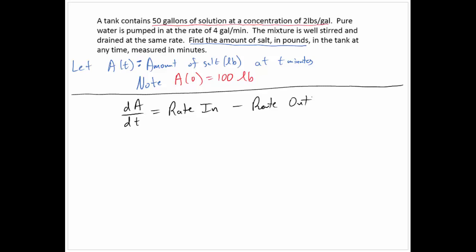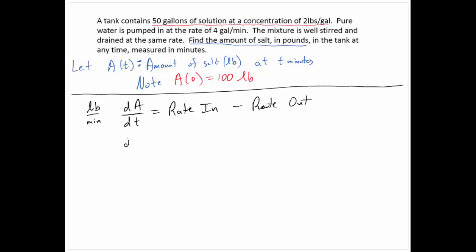So when you're trying to solve these types of problems, the general method is to think of this idea and then work from there. Now, dA/dt is the change in the amount of salt with respect to time. That's got to be in pounds per minute. Let's keep that in mind.